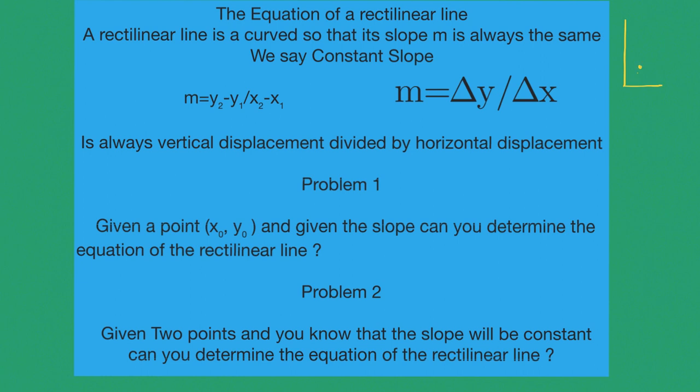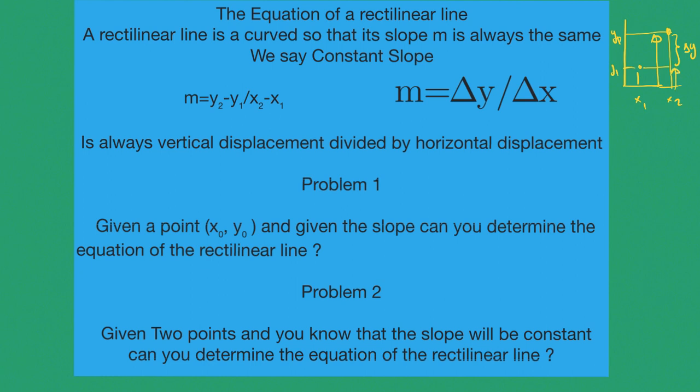This is the point x1, y1. And this is the point x2, y2. The vertical distance, the delta y, is this thing. Delta y is y2 minus y1. You see that y2 is all this, y1 is all this.